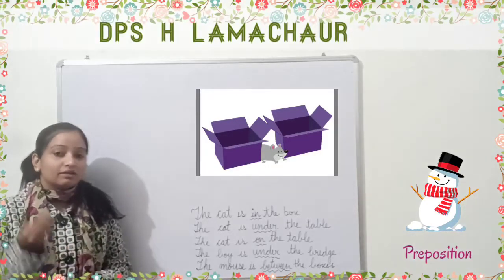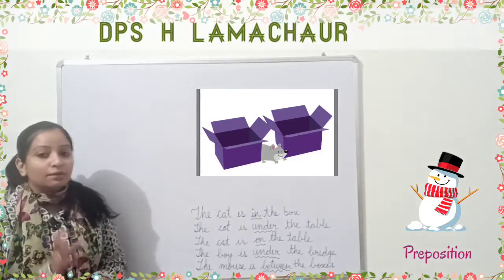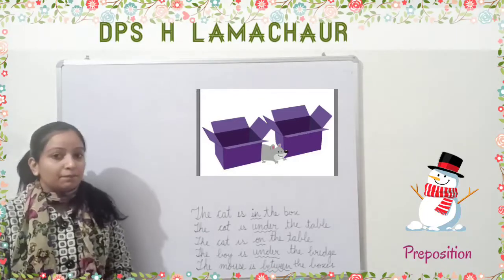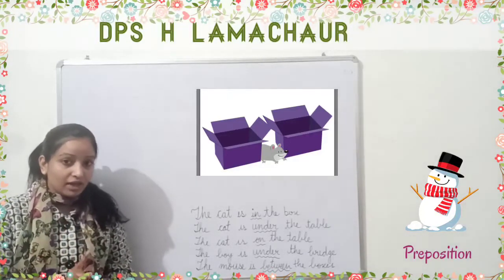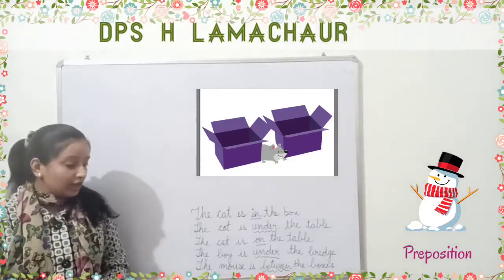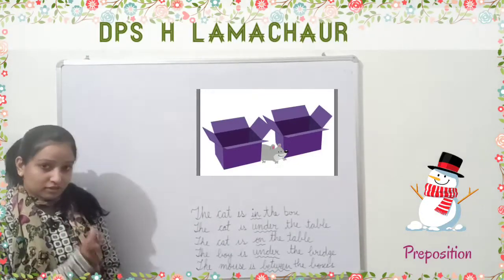And where is the mouse? In the mid. So we use between when we are talking about two things, and one thing is in the mid of the other things. So like here the mouse is between the two boxes.